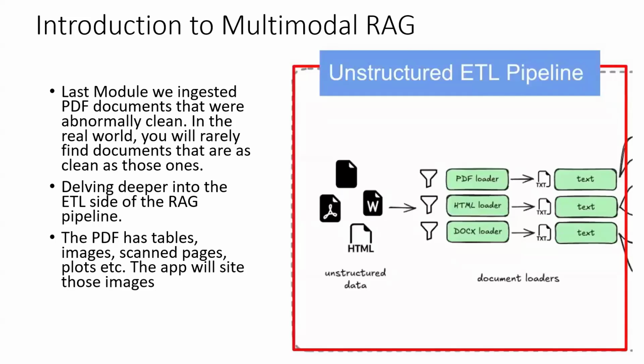Complex in the sense that it is multimodal content. The documents may have diagrams, images, formulas, and things like that. Then we can use the multimodal RAG approach, also called advanced RAG. So today we will see how we can deal with such kind of data.